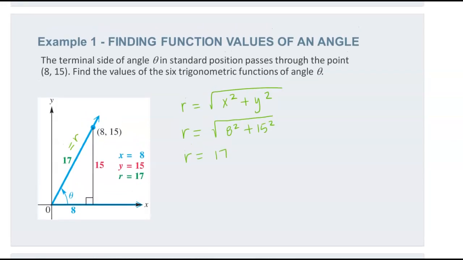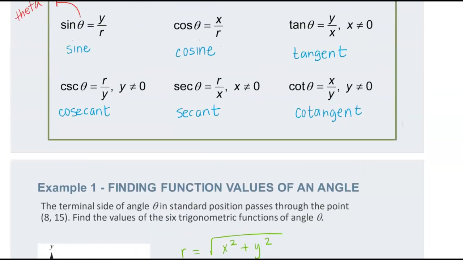Now, the sine of the angle is y over r. So that will be 15 over 17. The cosine of the angle is x over r. I'm just using those formulas that we had on the last slide, those definitions.